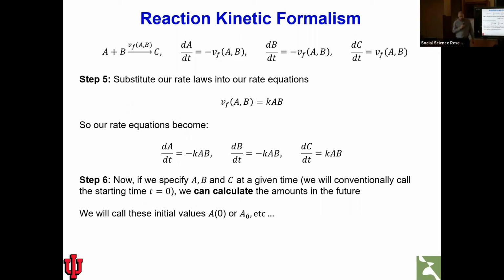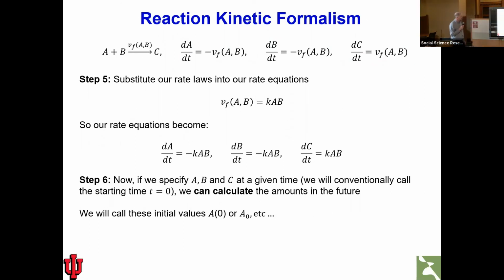Now, if I want to go further, I have to say at some initial time, whenever I'm going to start my simulation, typically we'll start at time 0, but there's no reason we have to do that, we have some initial amounts of A, B, and C, initial conditions. And those are typically written either A sub 0 or A of 0.